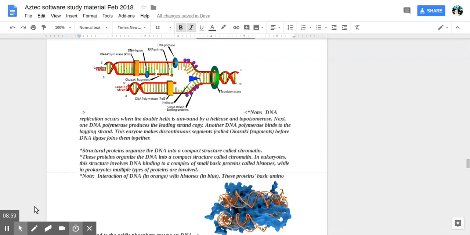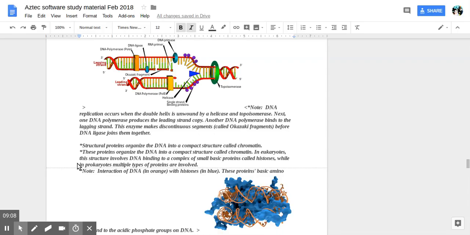Structural proteins organize DNA into a compact structure called chromatin. The proteins organize DNA, and in eukaryotes, the structure involves DNA binding to a complex of small basic proteins, the histones, and in prokaryotes, multiple types of proteins are involved in compaction.